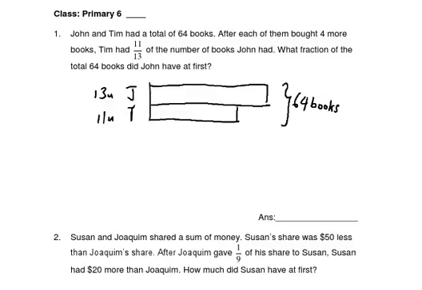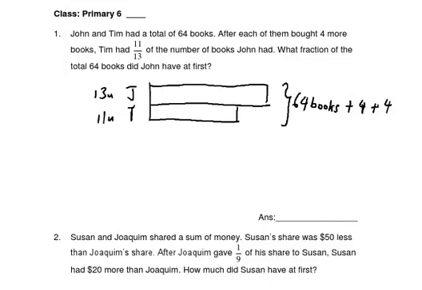That's after each of them bought 4 more books. I know 64 books at first. So after each of them bought 4 more books, you need to add 4 plus 4, right?